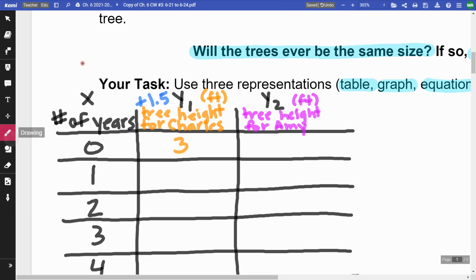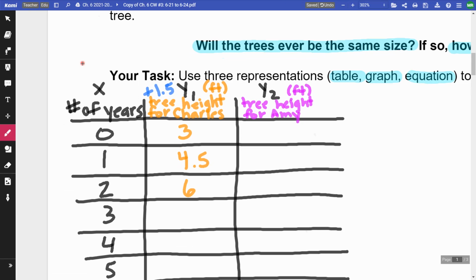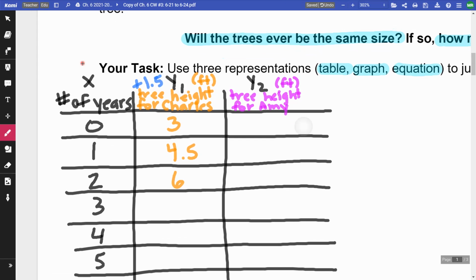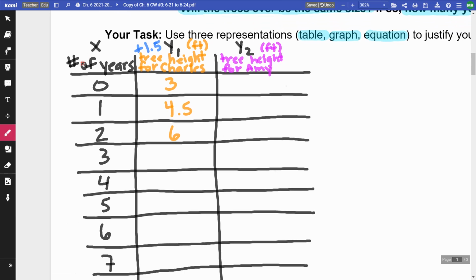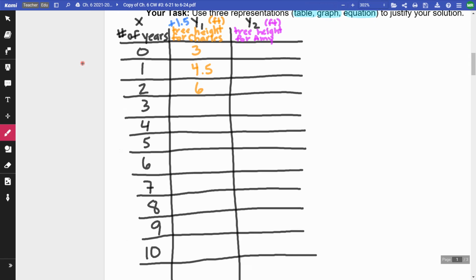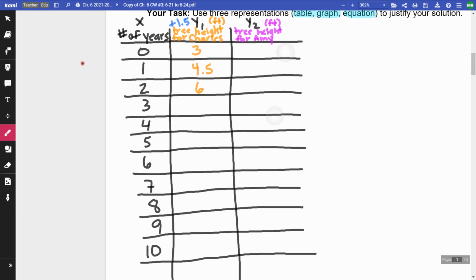You can do this on a calculator, on Desmos, or on your phone. I'm going to just keep adding 1.5: 4.5, and I add 1.5, I end up with 6, and so forth. So I want you to pause this and go through all of the ones for Charles. Let's get up to 10.